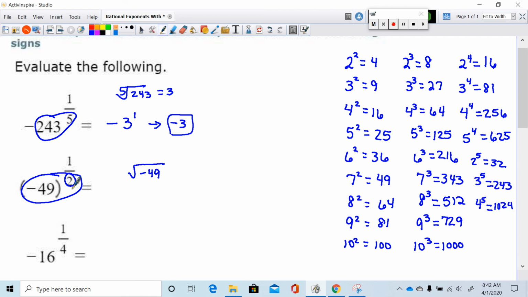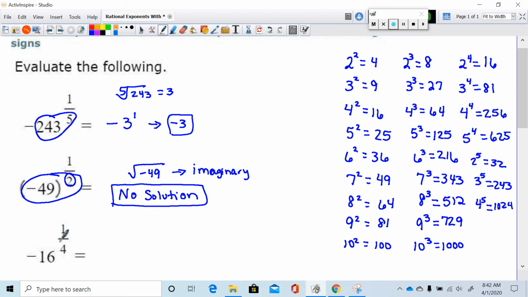So since the 2 is even, you can't have it under a radical. So this one, it's an imaginary number. But the way to state the solution is just no solution. So that one, the answer is no solution.